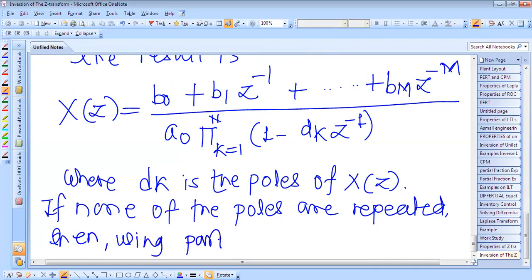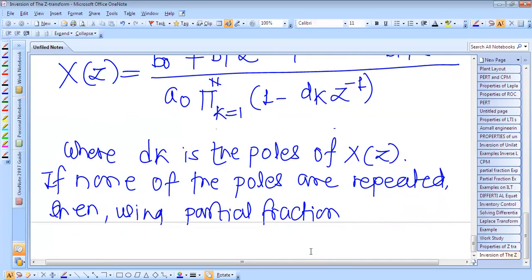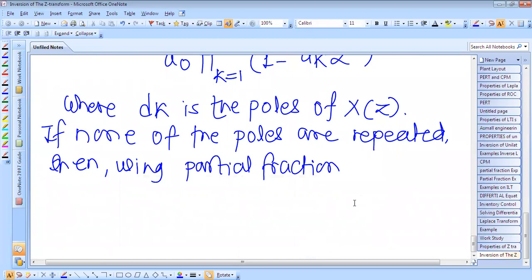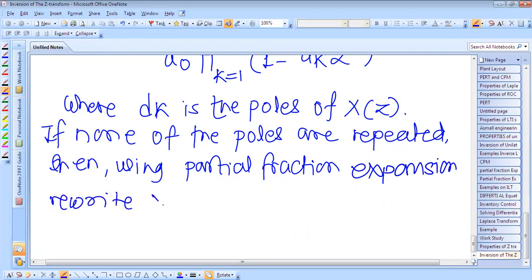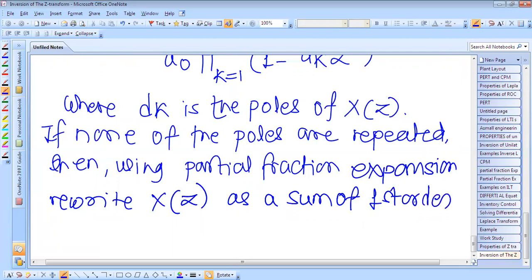Using partial fraction expansion, rewrite X(z) as a sum of first order terms.